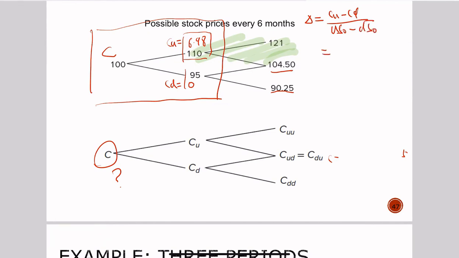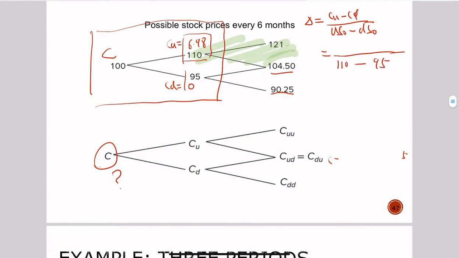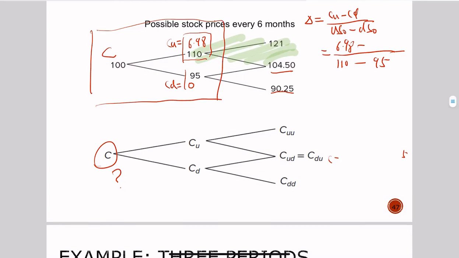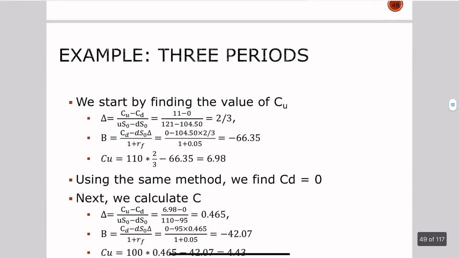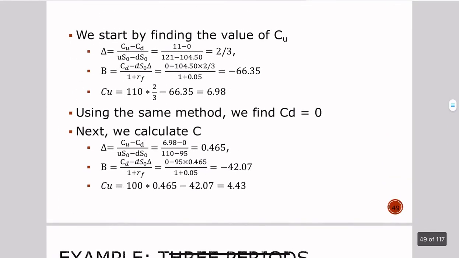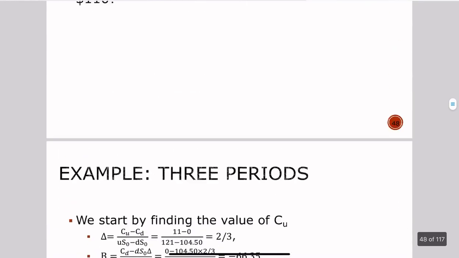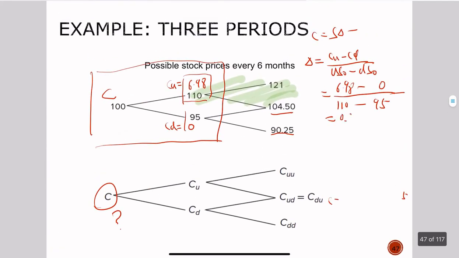And then you can see that we have two different stock values, 110 minus 95, and when the stock price is 110, the option value would be 6.98, and when the stock price is 95, then the option payoff would be just 0, right? So this tells us the delta would be 0.465, right? And then we could continue to use this formula on B.